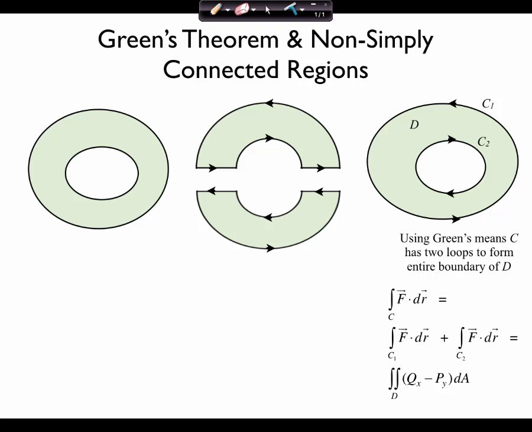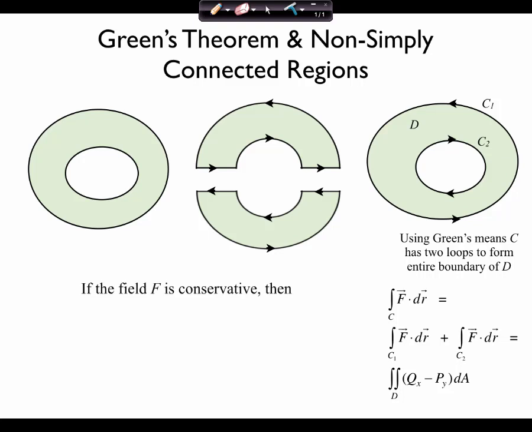Yeah? Why wouldn't it just be the difference between two double integrals, like Green's theorem for the whole and Green's theorem for the hole? You could do it that way. It's fine. It's however you want to do the double integral over D. You could do it directly, yeah, any way you want to evaluate that.